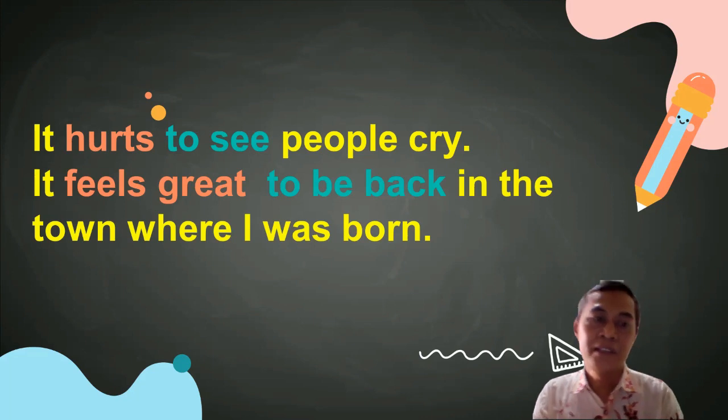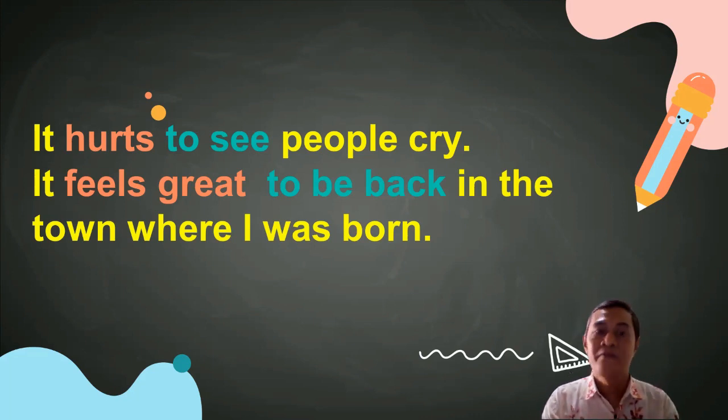Well, everybody, now we have tried to discuss these sentences that may have different patterns. Let's see one by one. First, it hurts to see people cry. It, and then hurts, and then to see people cry.